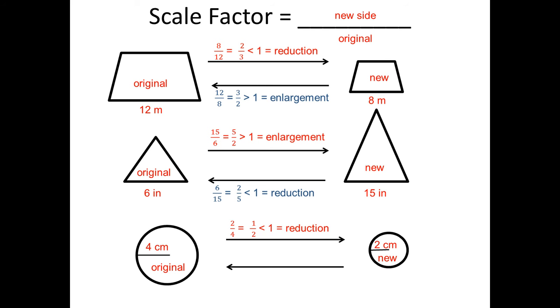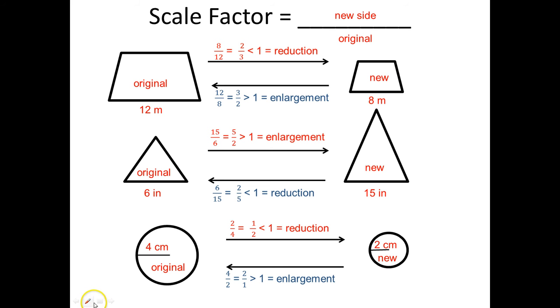So my circles, going from left to right, I'm getting smaller from 4 to 2. So my new side is 2, my original is 4, the scale factor is 1/2, that's less than 1, which is a reduction. If I went the other direction, I'd have 4 over 2, which is 2 over 1. 2 over 1 is greater than 1, I've got an enlargement.